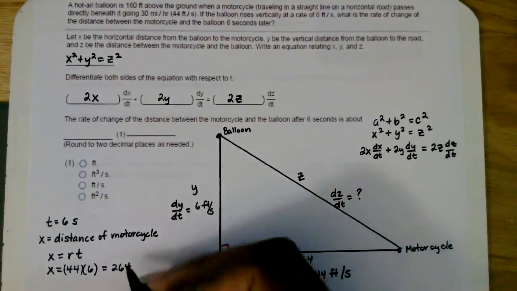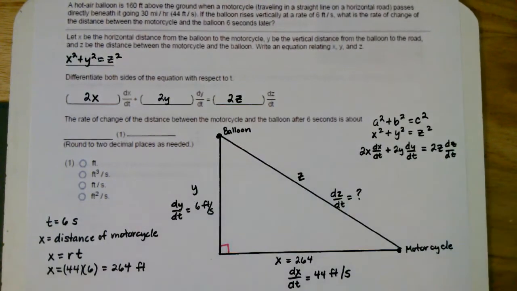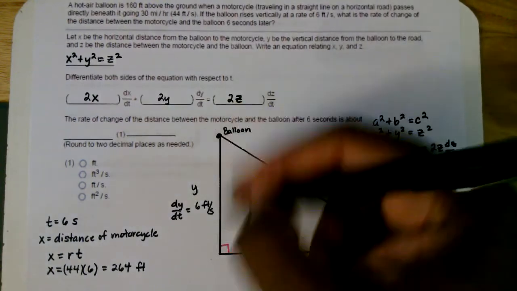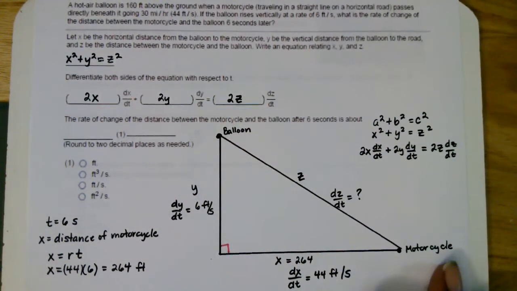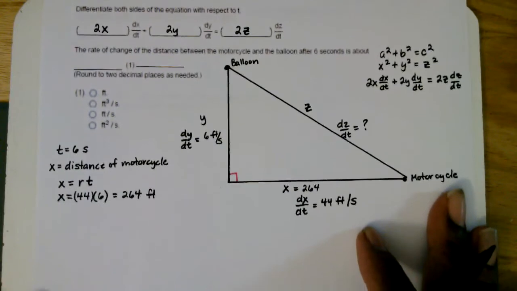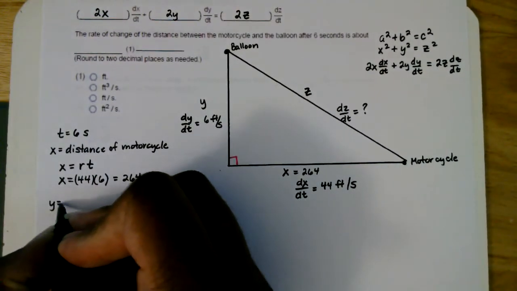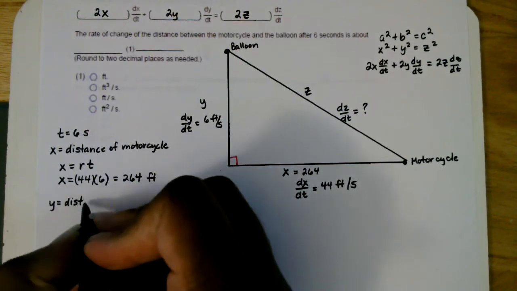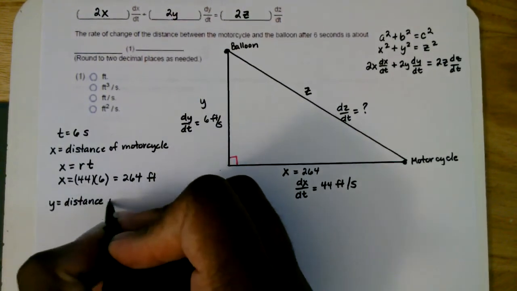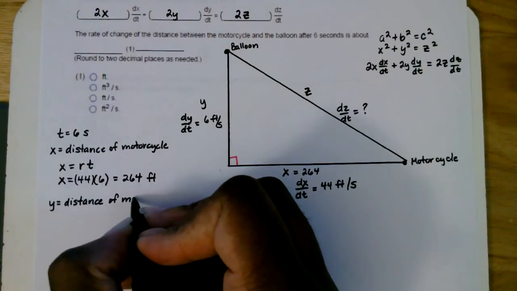That's what x is. Now I need to find the distance that the balloon has traveled. Okay, so let me pull this paper up. Y is going to be the distance of the balloon, which is also going to be rate times time as well.